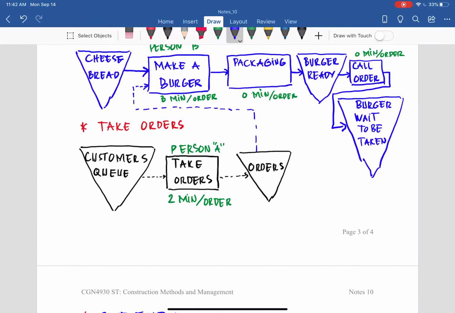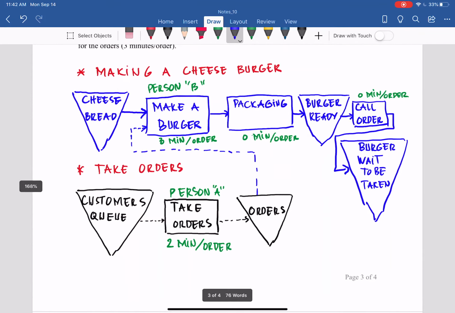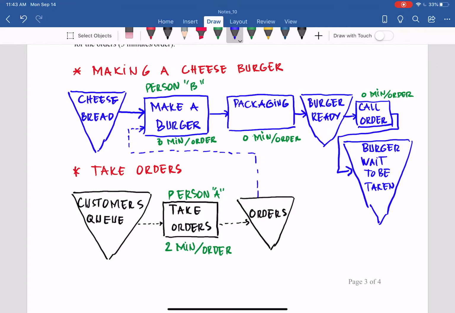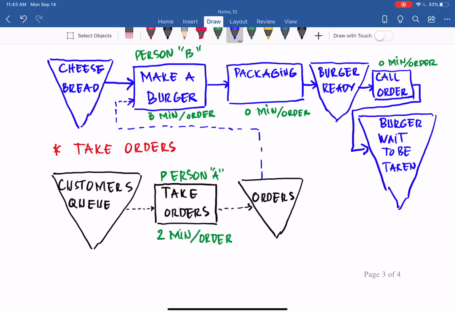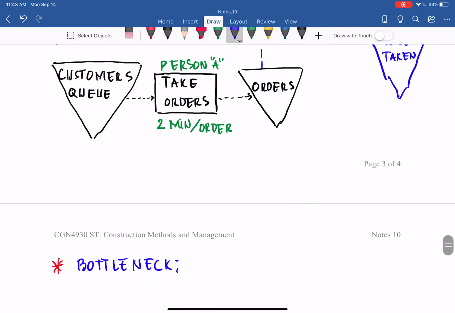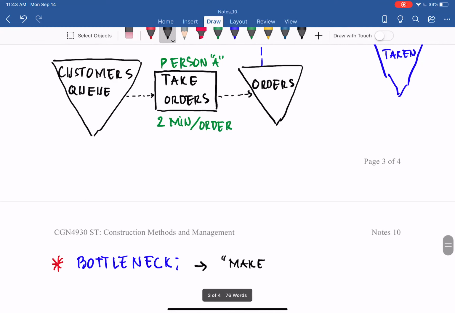The bottleneck, by definition, is the factor which limits production, and here the limiting factor is making a burger. It takes longer, so the orders have to wait here, right? So that is the bottleneck. If we made the burger 2 minutes per order, it would improve the productivity and performance of this operation. So for sure, making a burger is the bottleneck.